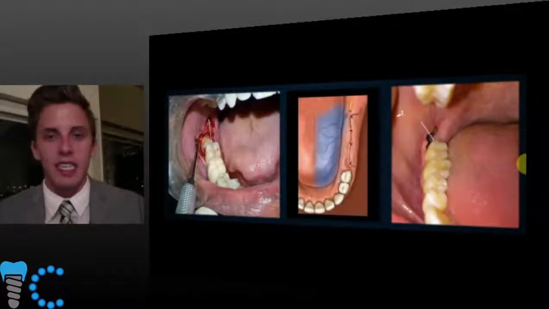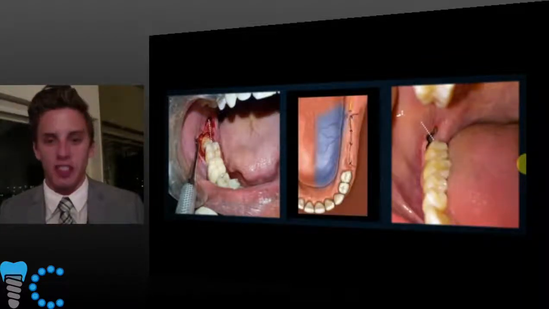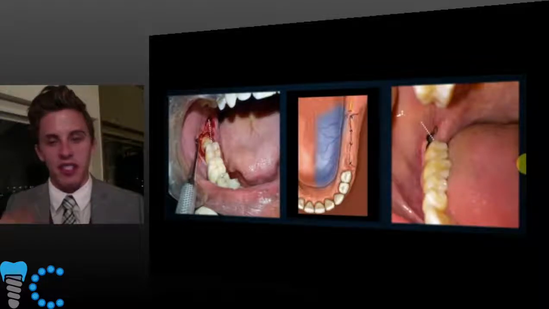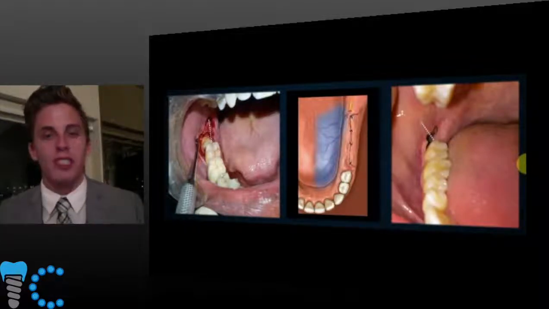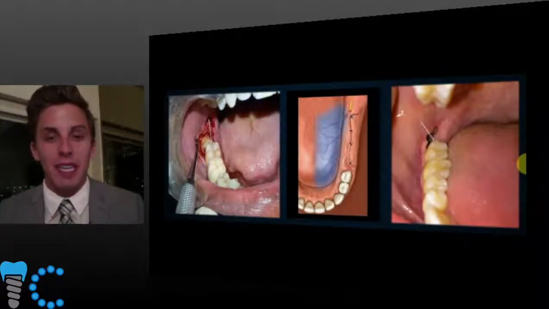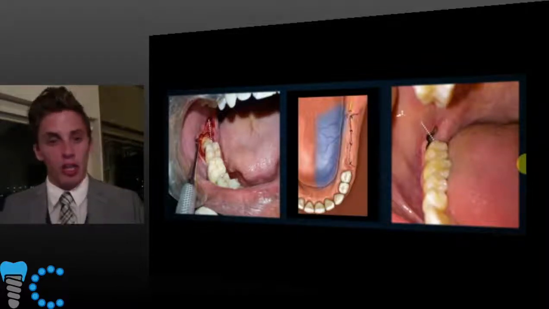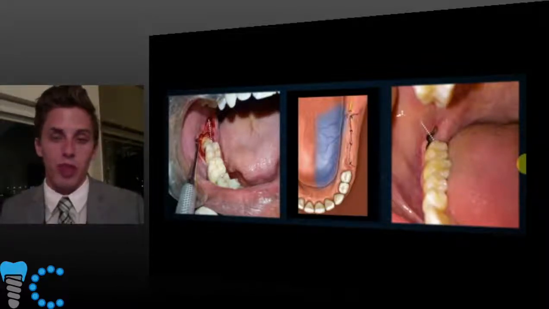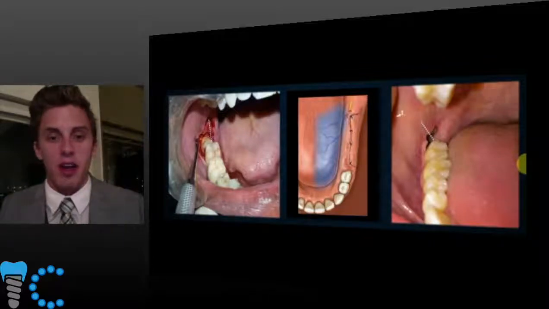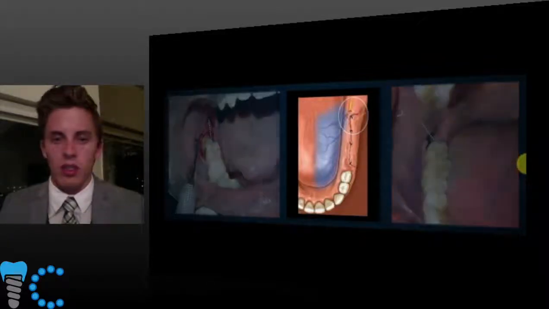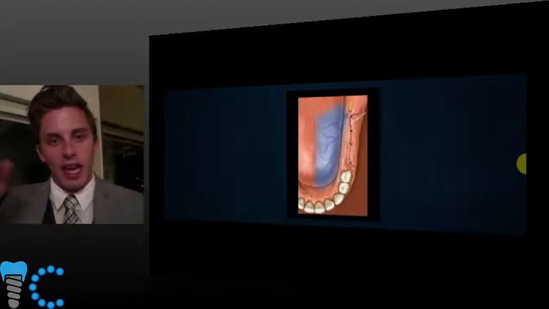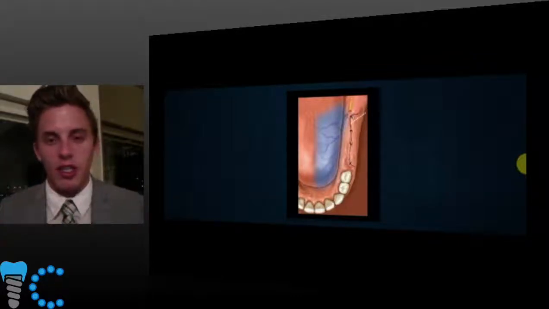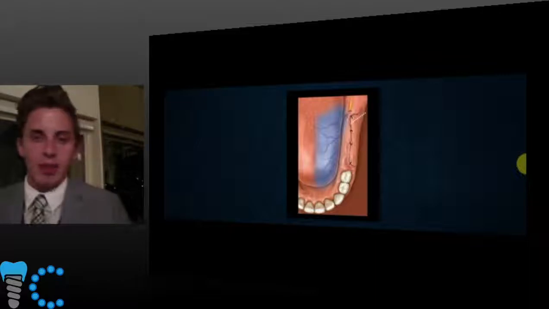So we can see here in the medical illustration in the center that this incision, because it's too far posterior and medial, you can compromise the lingual nerve, which will then anesthetize the anterior tongue. So this is where, with that angulated incision, we can avoid damaging the lingual nerve.